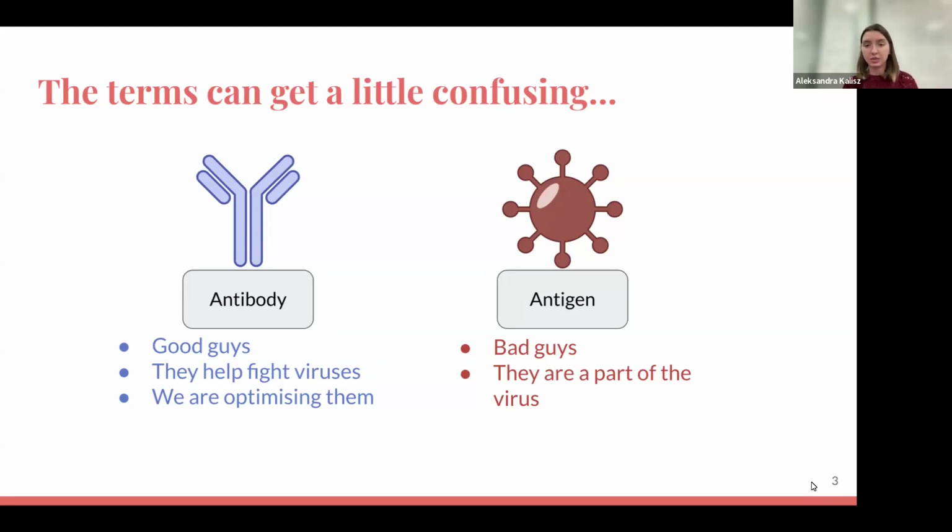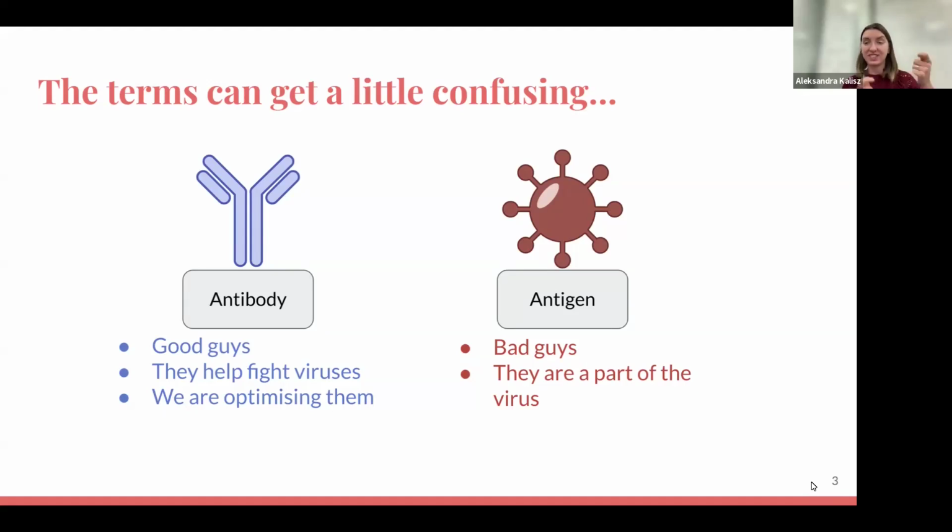And then there's the other thing, which is the virus. And specifically, what we look at is a viral antigen. Antigen is a small part of the virus that is actually the thing that will trigger the immune system to start its response. Antigens and antibodies interact together.